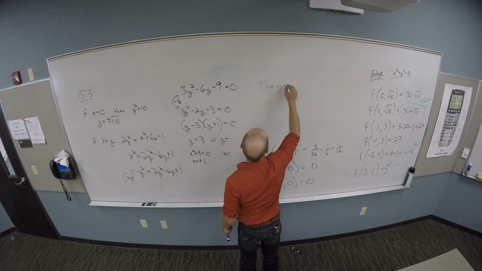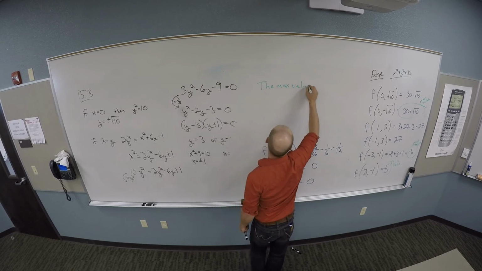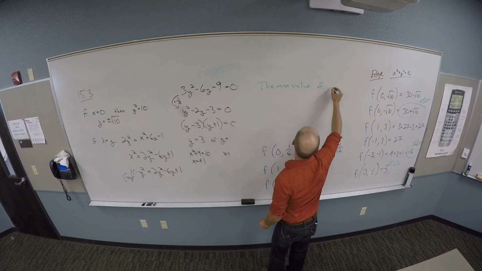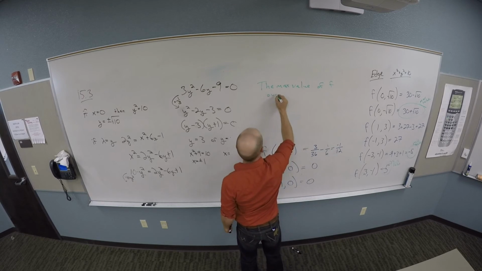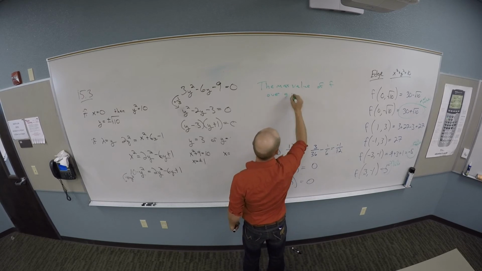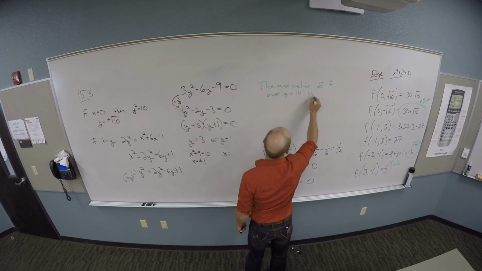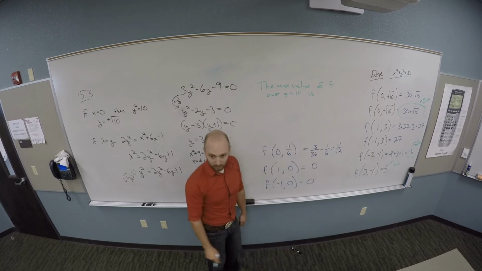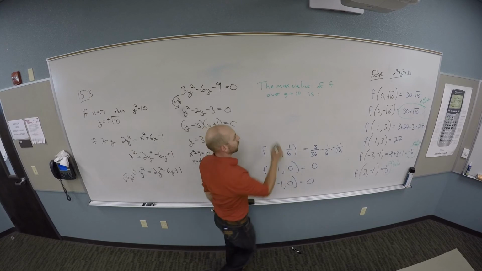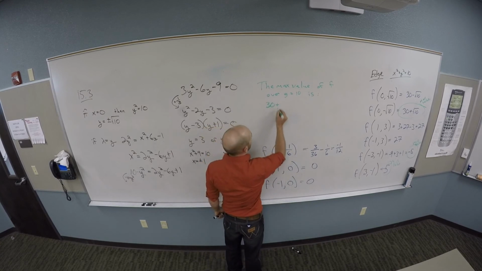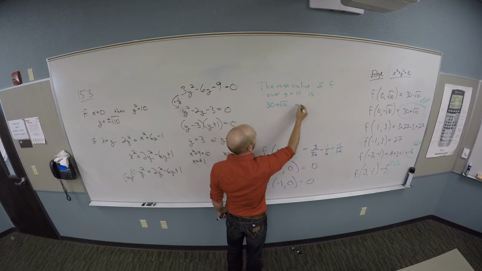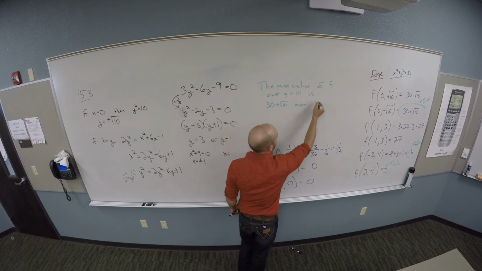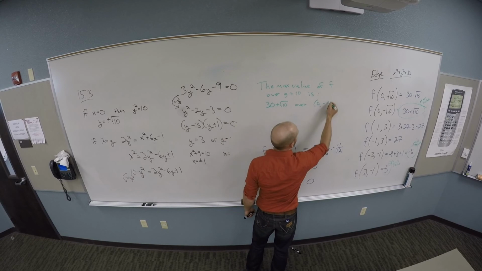So I'd say the max value 30 plus square root of 10 occurs at the point (0, minus root of 10).